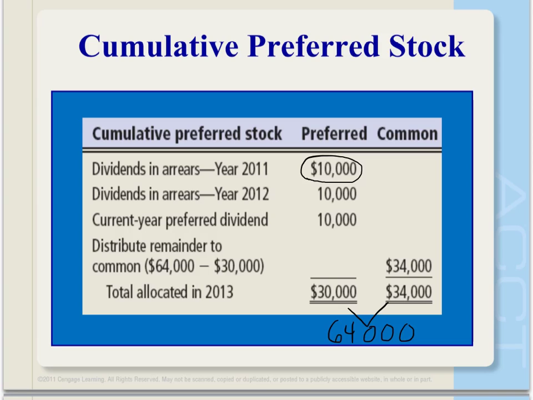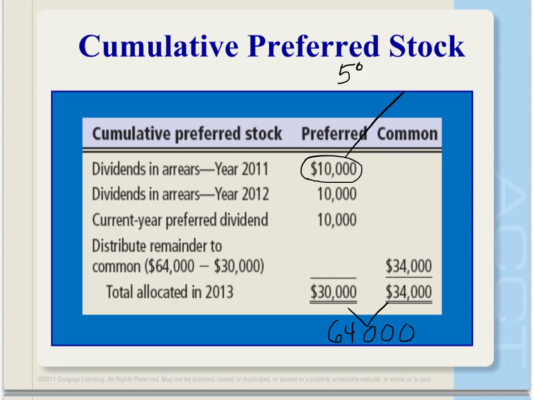You're asking yourself, how did we get that number? We got that number by taking the 20,000 shares times 5%, which is 1,000, times the $10 par value, which gives us $10,000. There are two ways to do it.